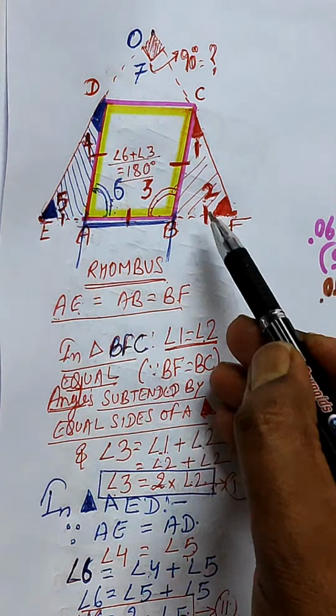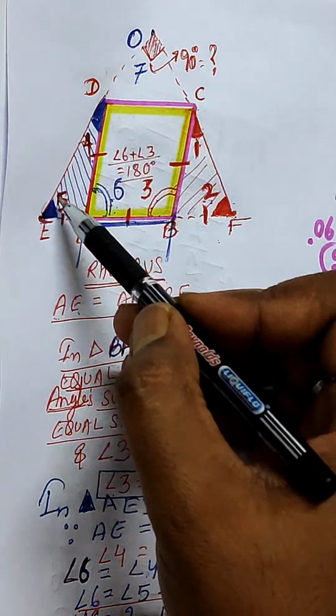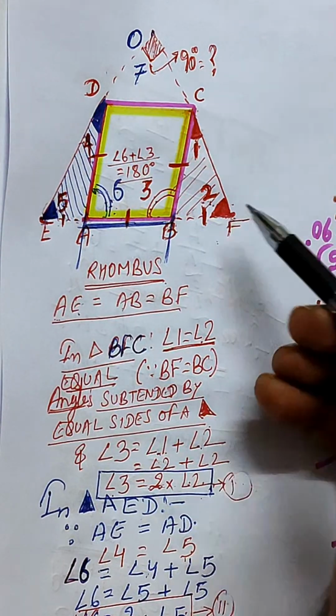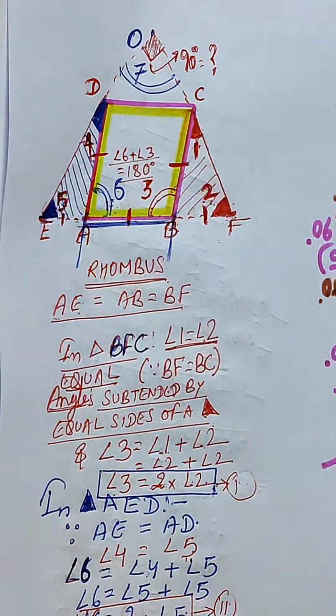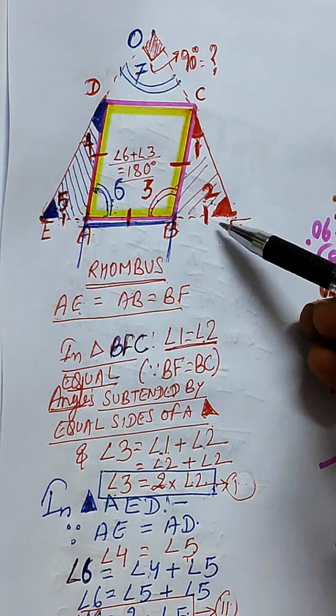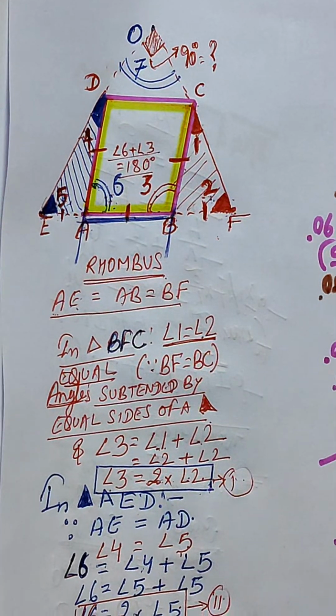Then we can write, in triangle EOF, angle 5 plus angle 7 plus angle 2 is equal to 180 degrees, because the sum of these three angles is 180 degrees, and 2 plus 5 is already calculated as 90 degrees.